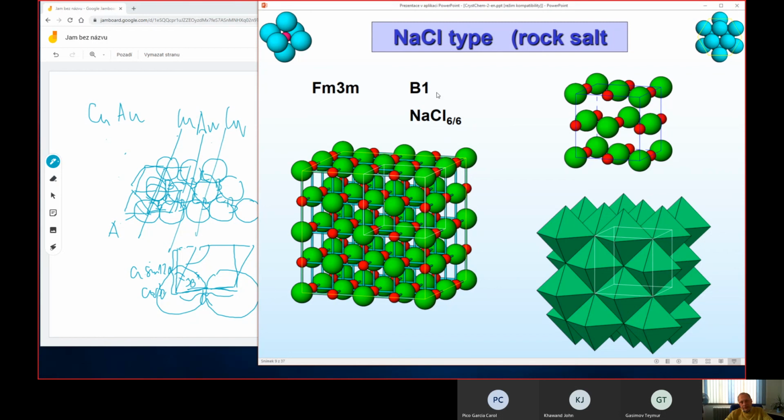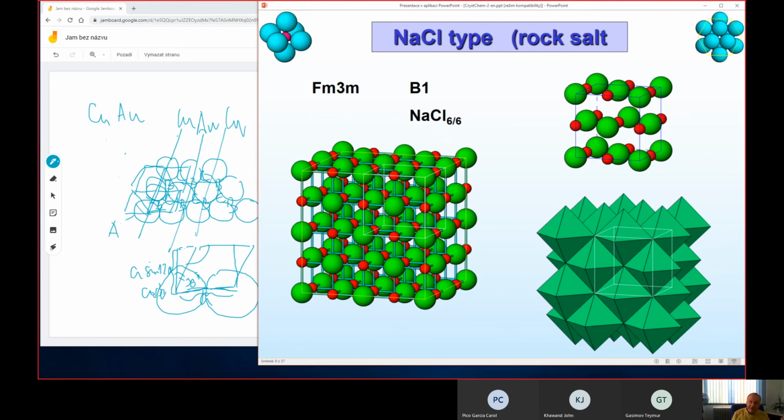Nowadays it's not used so frequently. In fact, we have A, B, C symbols where A corresponds to an element, B for a binary compound with the ratio 1:1, and C corresponds to a binary compound with 1:2 ratio, and so on.